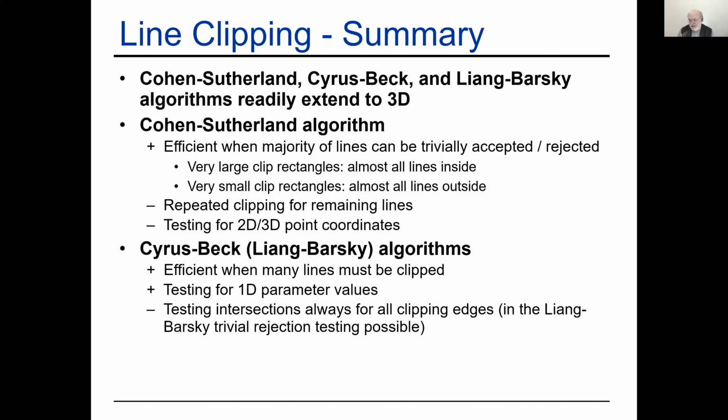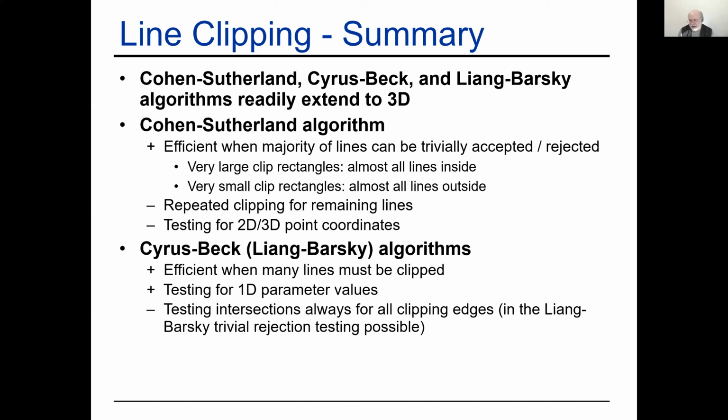And actually, we'll come back to that in a little bit, there's an optimization in the rasterization procedure that you can take advantage of here. And it's negative because you might need to reclip the line multiple times, because you clip it with respect to one edge first, and then with respect to the other edge. So you do these clipping operations and these tests of the 3D point coordinates multiple times.